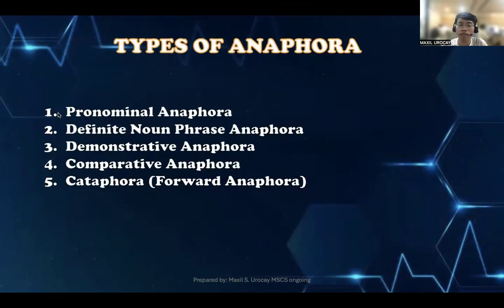Now, there are types of anaphora that we will be dealing with. There are five types: pronominal anaphora, definite noun phrase anaphora, demonstrative anaphora, comparative anaphora, and cataphora, which is the forward anaphora. So let's deal with them one by one.